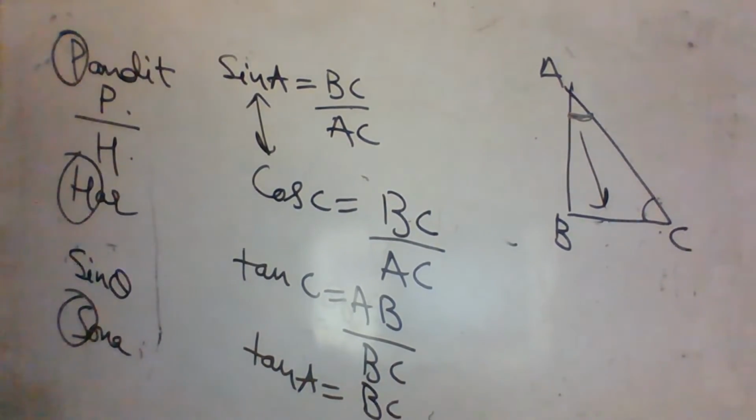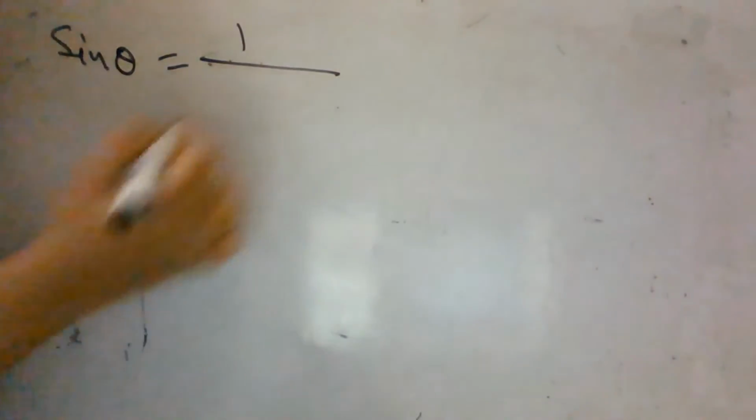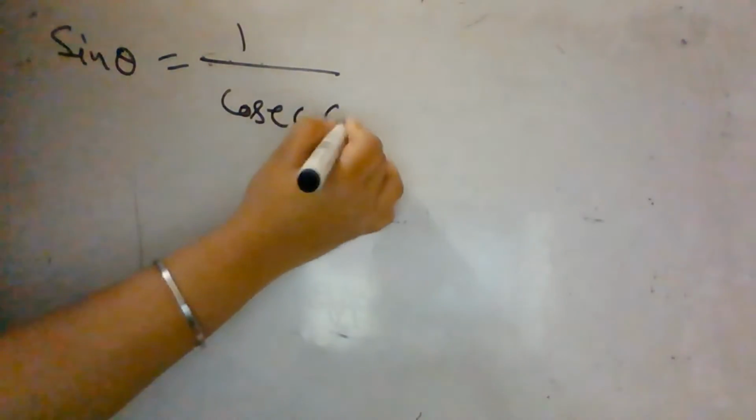So now, as we have learned about these three basic ratios, we will have to learn about the other three ratios because there are 6 basic ratios. So as you have learnt about sine theta, you have become pro in sine theta. So yes, sine theta is a reciprocal of another trigonometric ratio, which is cosec theta.